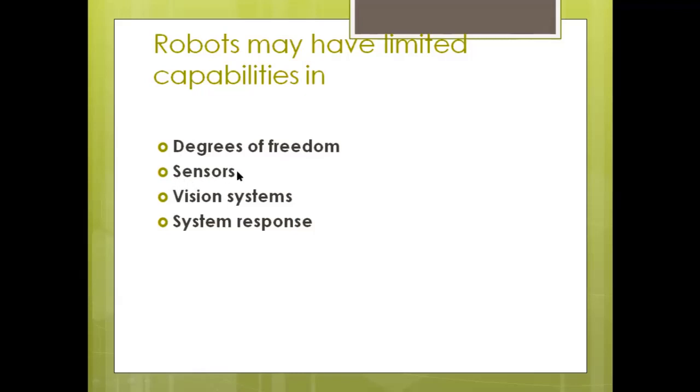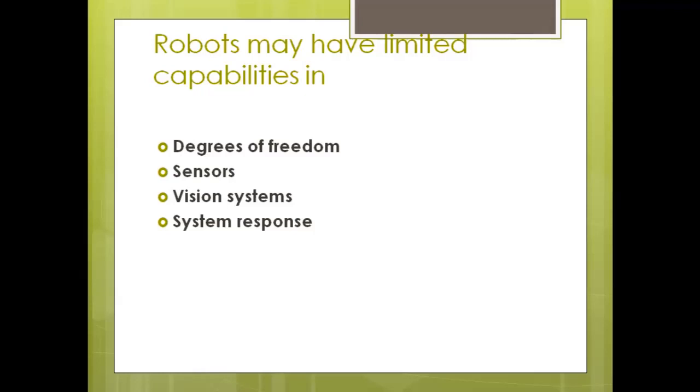Second, sensors. We are using many sensors in the robot. Those sensors are costlier. Sometimes those sensors work properly, sometimes those sensors may not work properly. In those cases, we should think about which is a good sensor, how it is working, and whether that sensor is working properly or not.